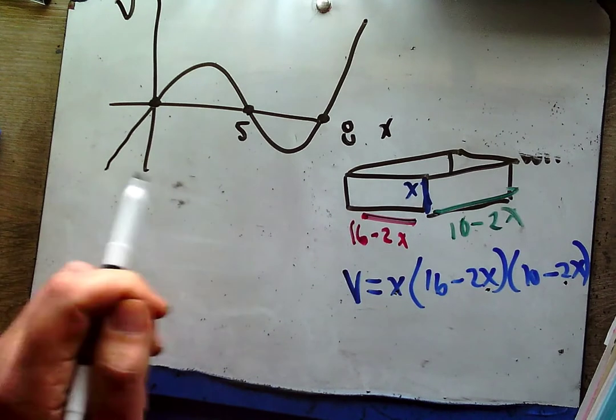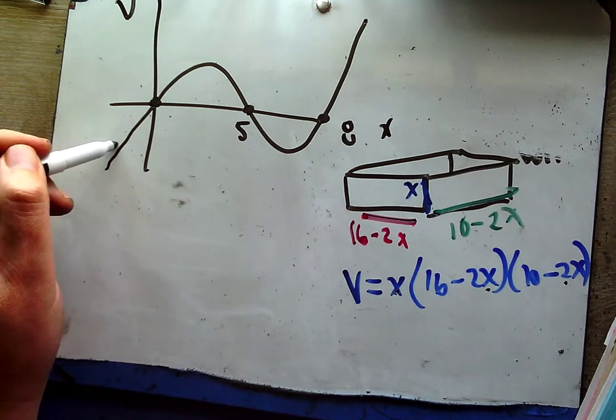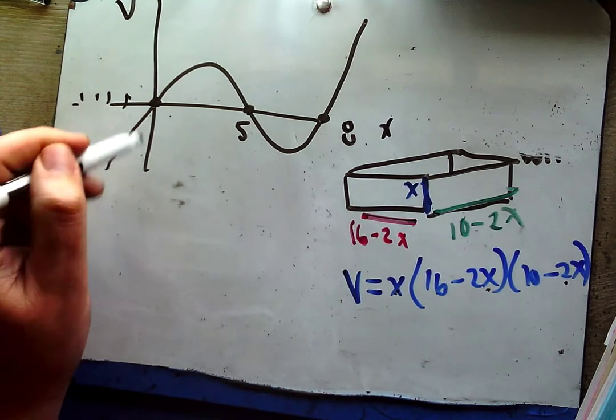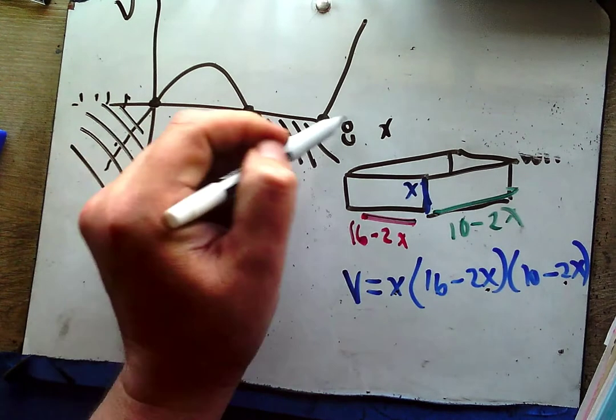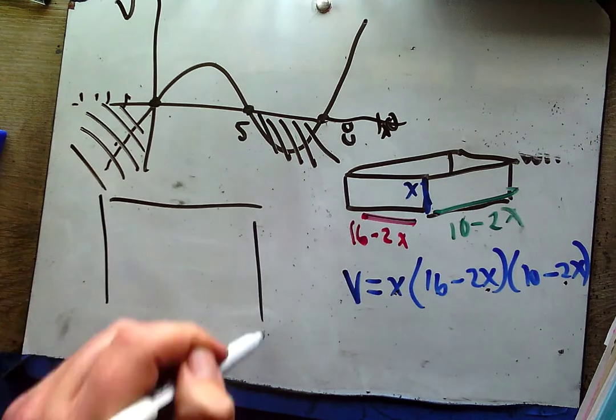Now, do you remember us talking about the domain and how we threw away all these things because we can't cut a negative side length, nor can we have a negative volume? And then over here, if x was equal to 10, think about this picture.